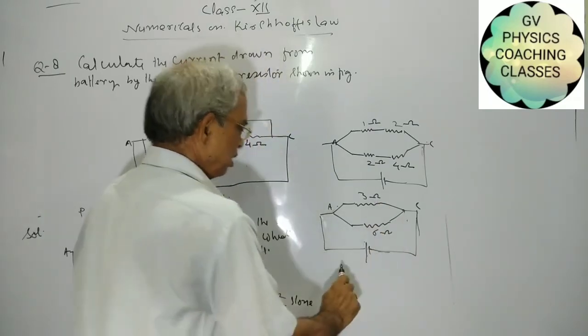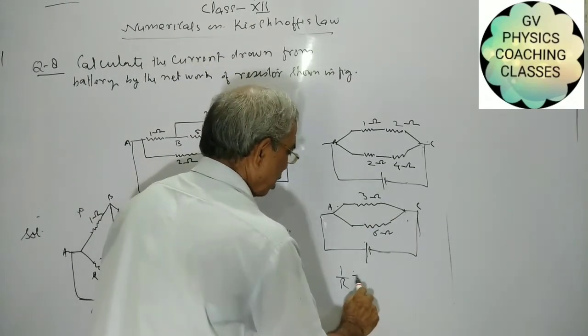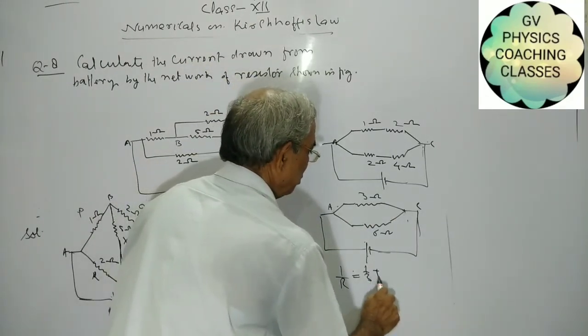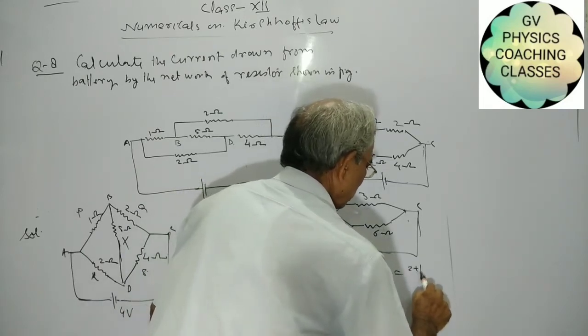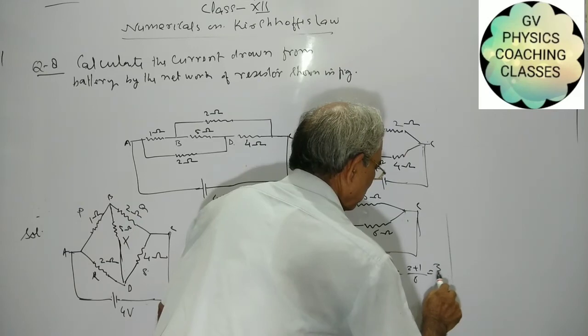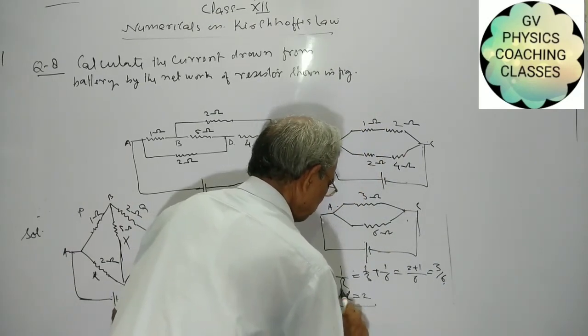Now these are in series, and these two branches are in parallel. 1 upon R is equal to 1 upon 3 plus 1 upon 6, which is 2 plus 1 upon 6, it means 3 upon 6, and R is equal to 2.